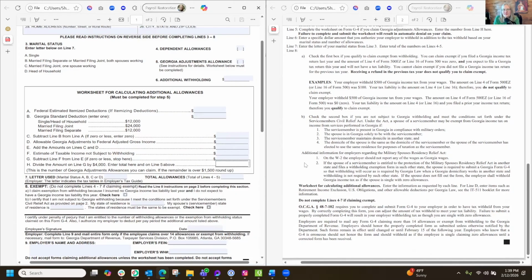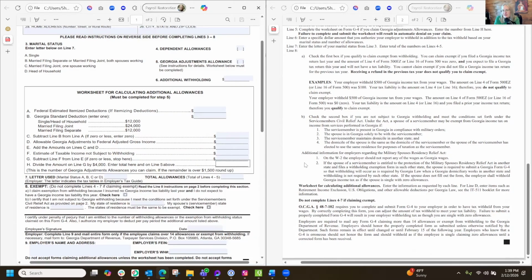And B, you check the second box if you are not subject to Georgia withholding and meet the conditions set forth under the Service Member Civil Relief Act.